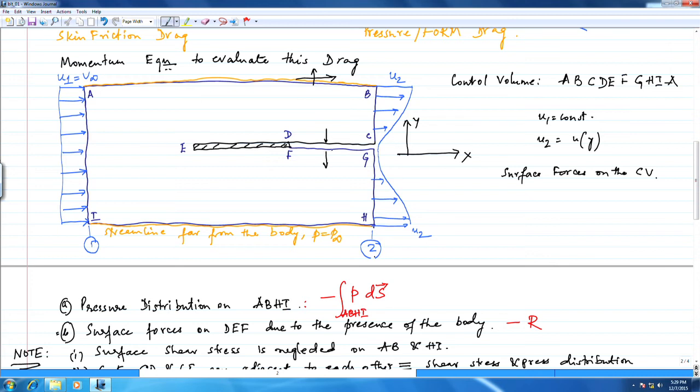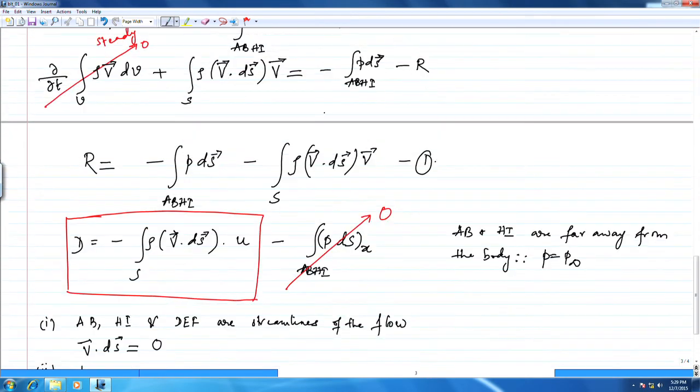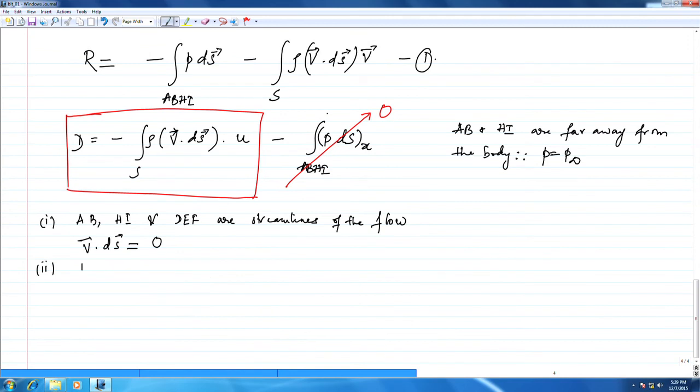So the direction is opposite, but the magnitude should be the same. Now, because CD and FG are the same, what happens?